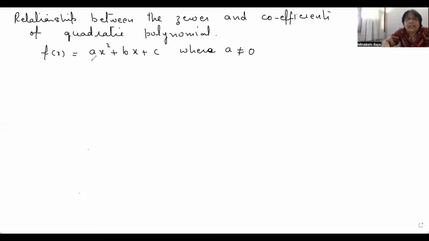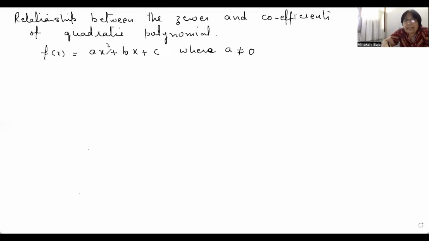Now, a is the coefficient of x square, b is the coefficient of x, and c is the constant term. So a, b, c are the coefficients of x square, x, and x naught. And I am going to find the zeros of this polynomial. Let alpha, beta be the zeros of this polynomial. What are the zeros of the polynomial?